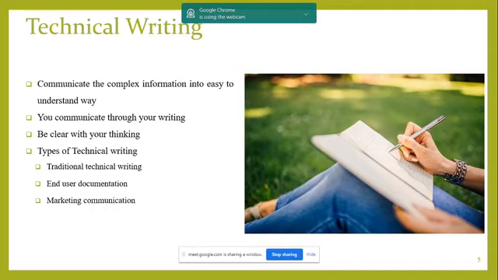Traditional technical writing part, and end user documentation. The technical writing is not only for the academic year, but it's also for the other persons who are in the industries, the people who are using your product.